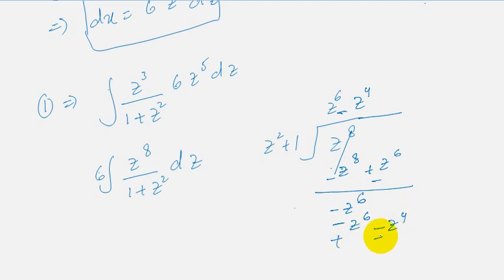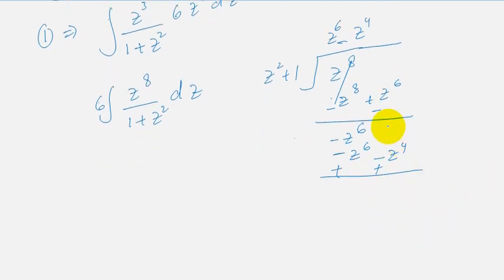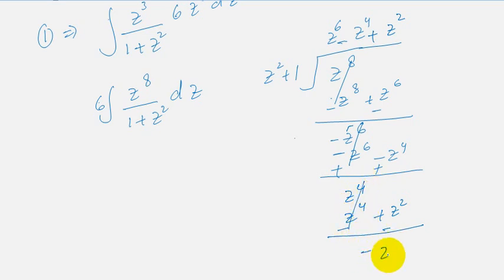Again we change this sign, we get z^4. Now we multiply it by z^2, so it becomes z^4 plus z^2. Again we change this sign, z^4 cancels out here and we are left with minus z^2.